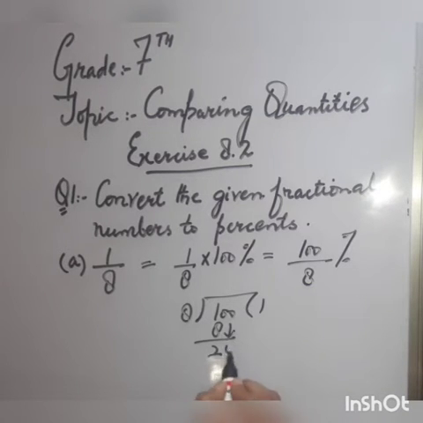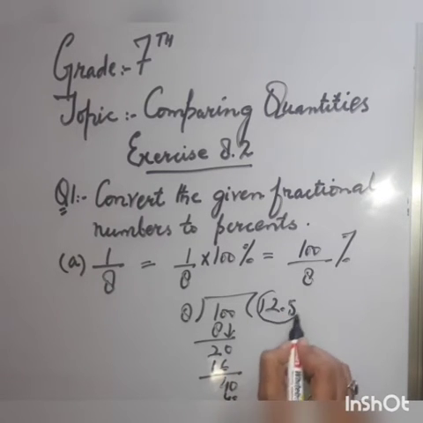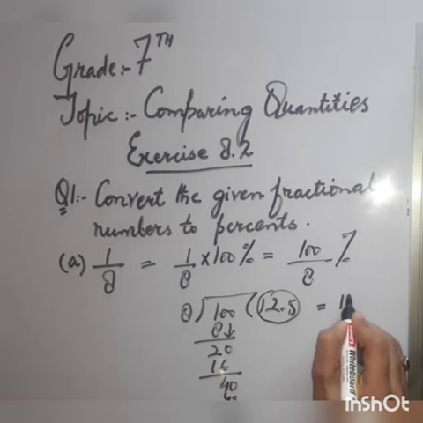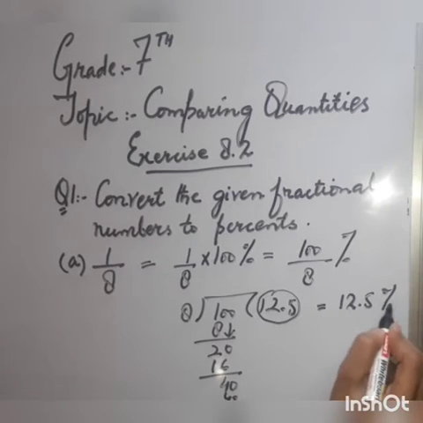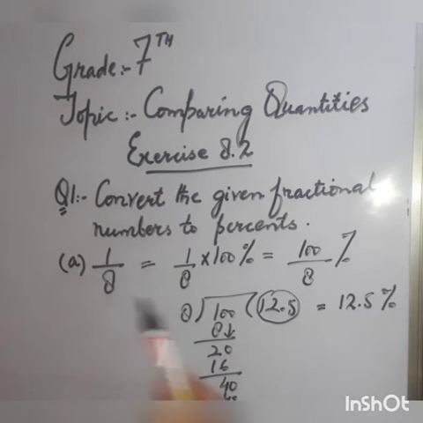Then this 0 will come here, then 8 2s are 16, then we'll be left with 4, the point will come here and 0 here, and 8 5s are 40. So we got 12.5%. So 100 by 8% is equal to 12.5%, or we can say 1 by 8 is actually 12.5%. Clear?